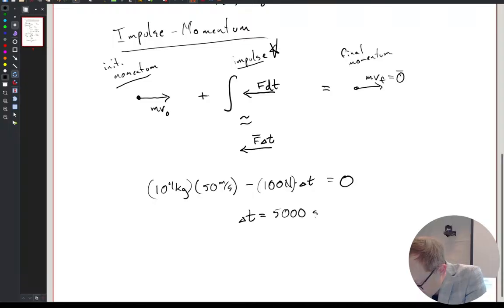It's a big ship with a small force. 5,000 seconds. So like 2 hours. 3,600 is 1 hour, and 2 hours is like 7,200. So it's an hour and a half or so.